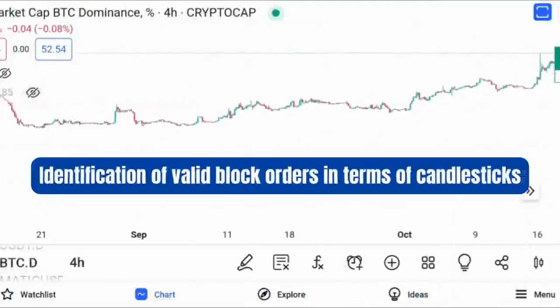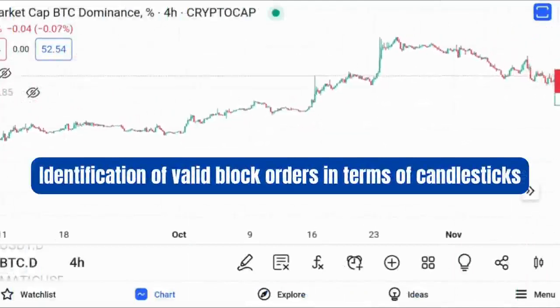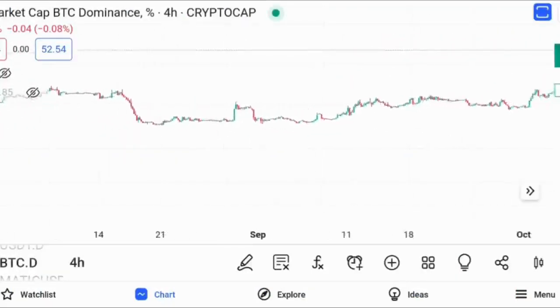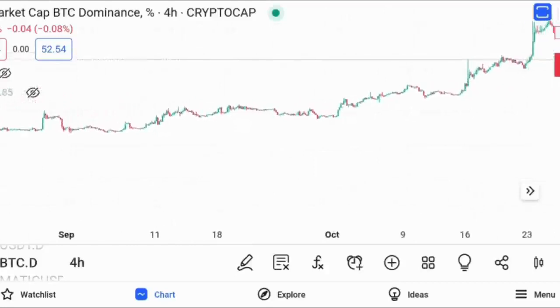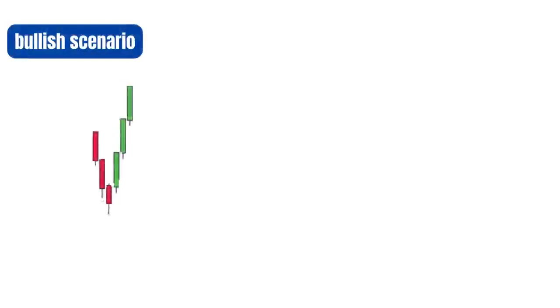Next, let's discuss how to identify a valid order block in terms of candlestick patterns and see the various scenarios that we might encounter in identifying candlestick-based order blocks on the chart. In a bullish scenario, a candlestick-based order block refers to the last selling candle before the price starts pushing upward drastically.